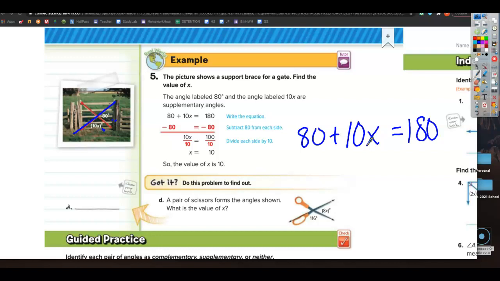Okay, you go ahead and do D. Stand when you're done. The equation you wrote for D, Alex. So I said 8x plus 116 equals 180. And then I subtracted 116 and I got 64.